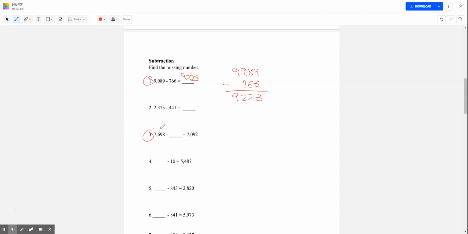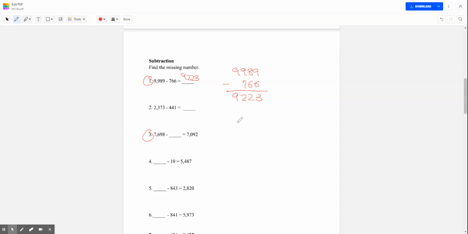Let's look at number 3. 7,698 minus blank is equal to 7,092. So what this means is that the difference between 7,698 and the blank number is equal to 7,092. What this also means is that the difference between 7,698 and 7,092 is blank.